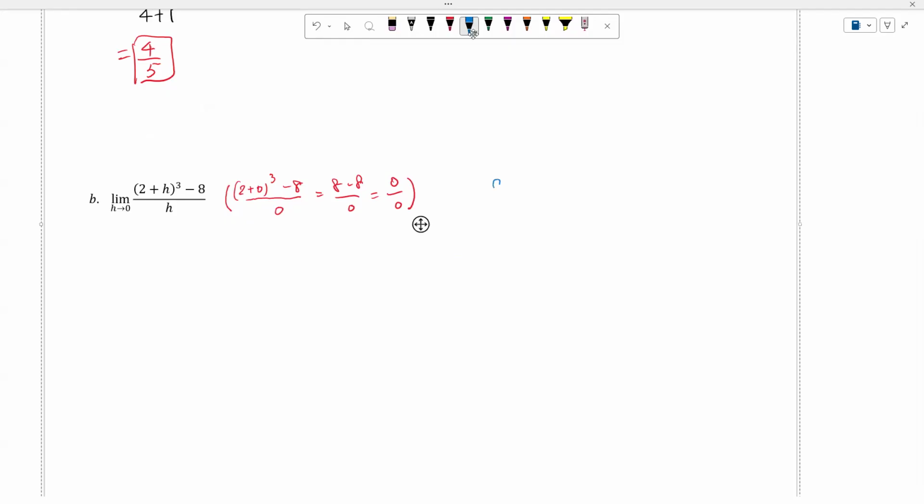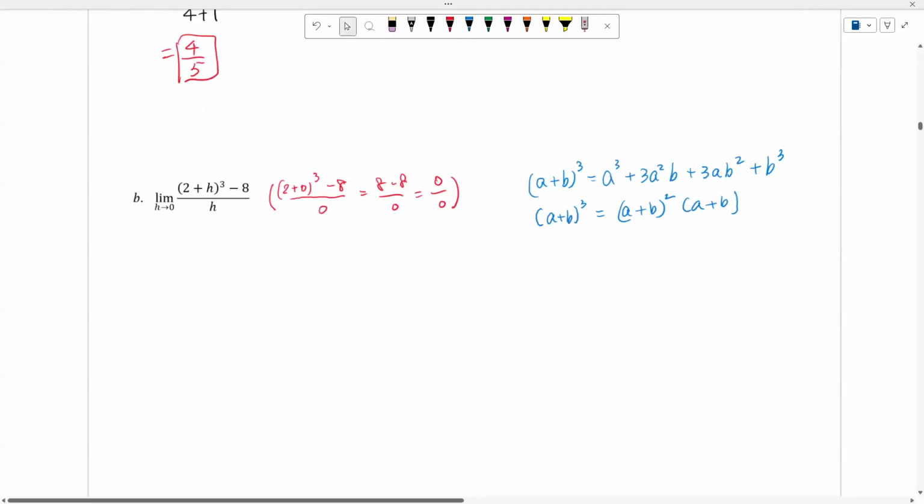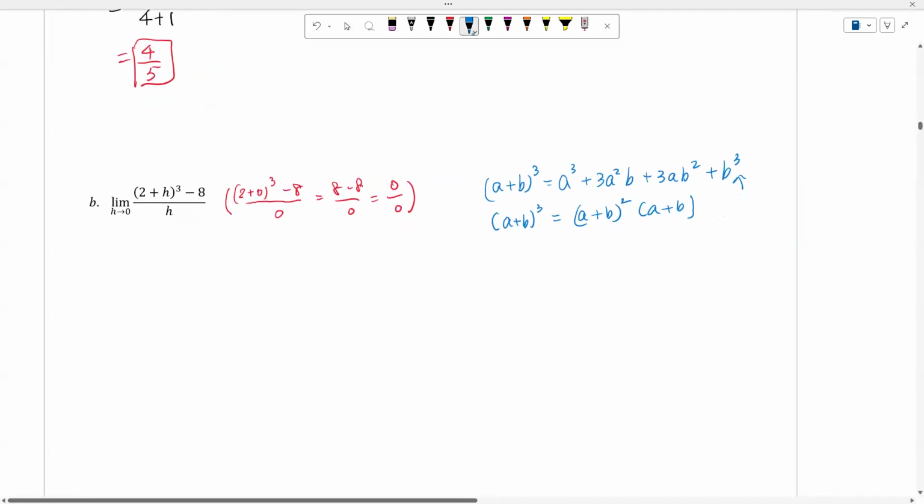If you remember that (a plus b) to the power 3 is a to the power 3 plus 3a squared b plus 3ab squared plus b to the power 3, you can use it to work out the problem. If you don't remember, you could write (a plus b) cubed as (a plus b) squared times (a plus b), factor it out, and eventually you will get the same result.